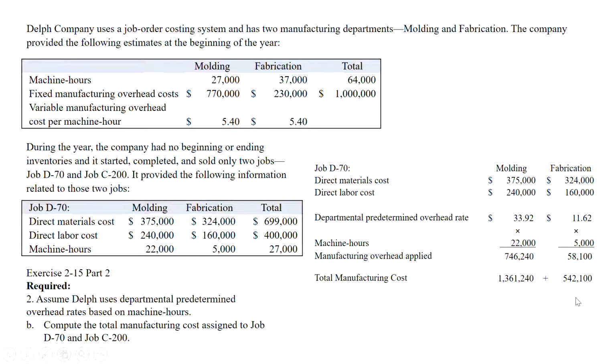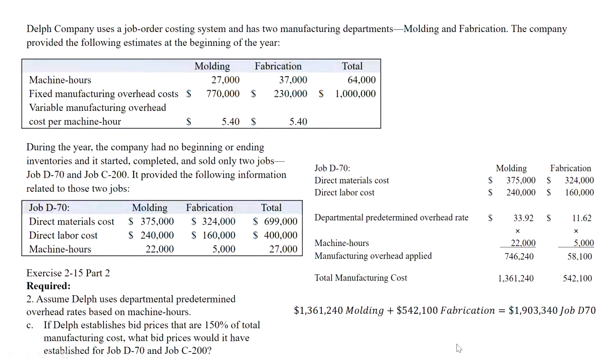Now finally, we kept isolating them because they had completely different overhead rates. Now we're going to throw them both together: molding of 1,361,240 and fabrication of 542,100. Total job cost of D70 for part B is going to be 1,903,340. So we just have to keep them separate until we get to the last point.